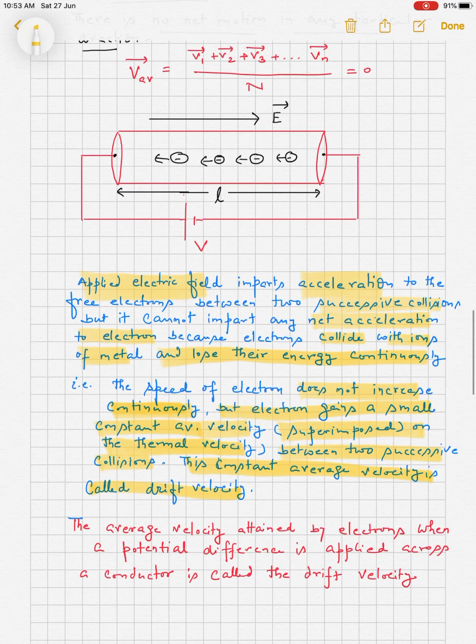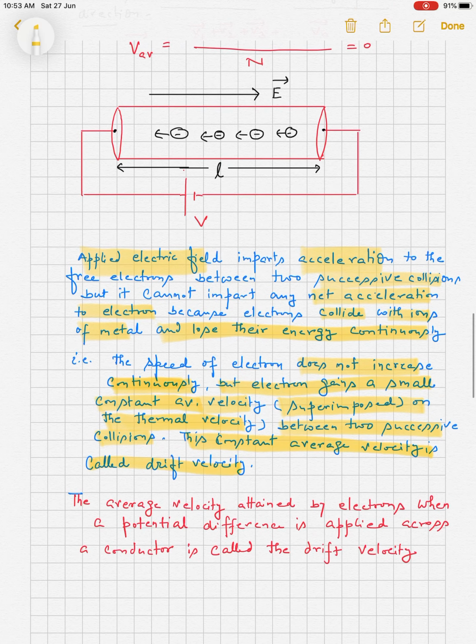Now we will find the expression for it. The definition: the average velocity attained by the electrons when a potential difference is applied across a conductor is called drift velocity.